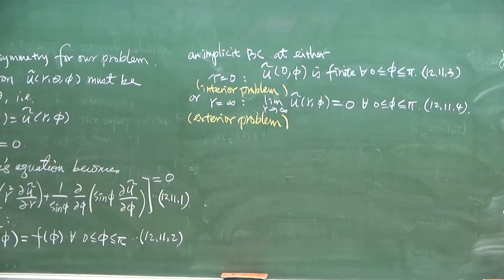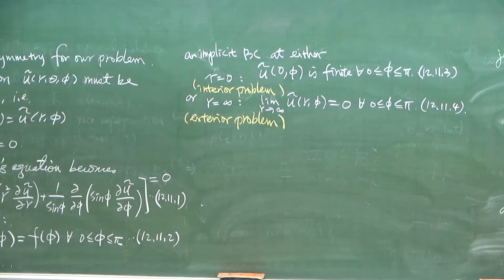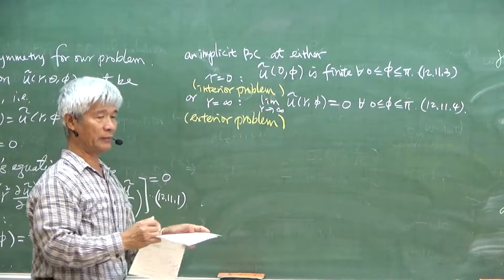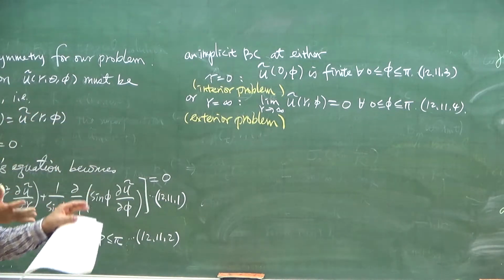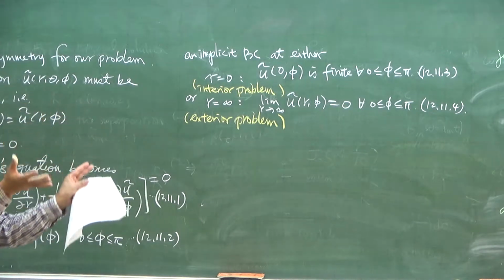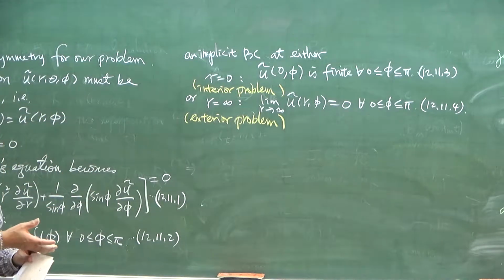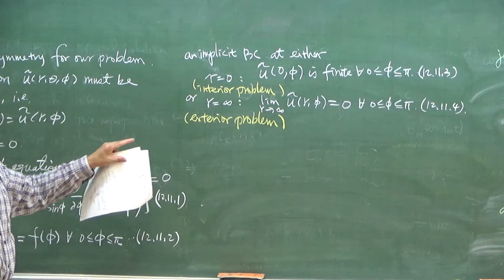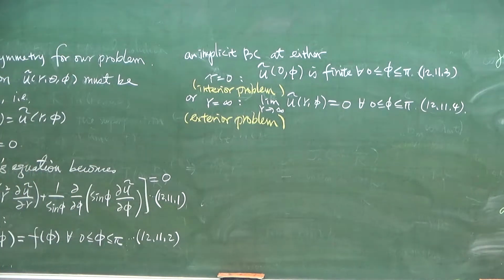And we have a boundary condition at r equal to capital R. It's a sphere. We may consider an interior problem, where we want to know, for example, the potential inside the sphere, or we want to know the potential outside the sphere.